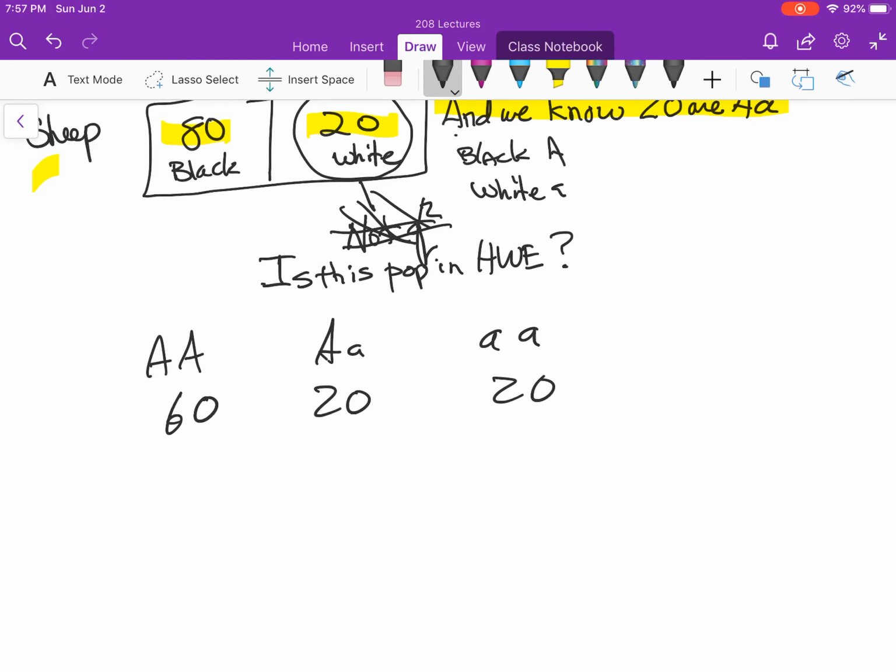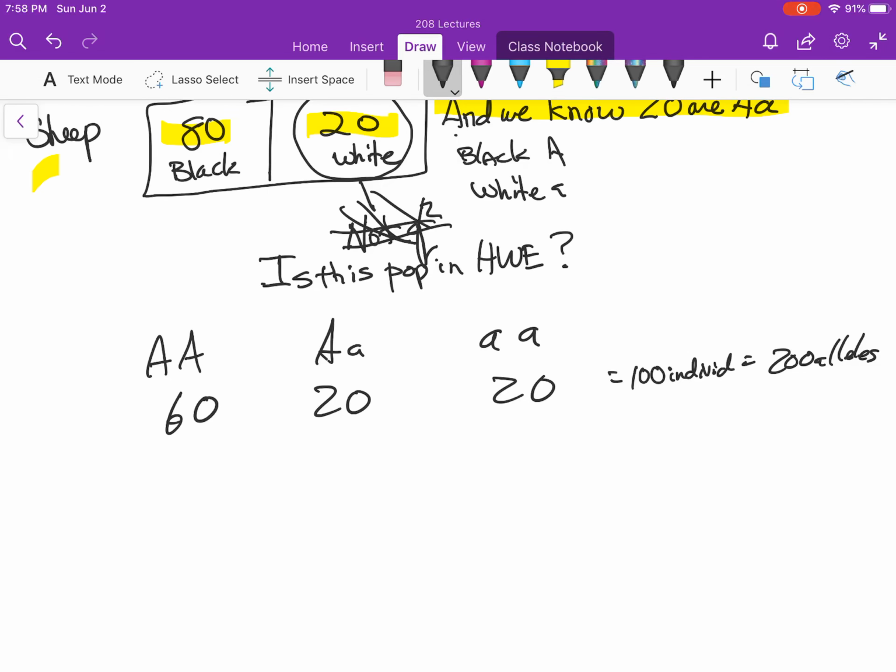Let's do this. In this particular case, we happen to have 100 individuals. That's handy. So you can also do this by assuming that you have twice as many alleles as you have individuals. There are 100 individuals, so there are 200 alleles.